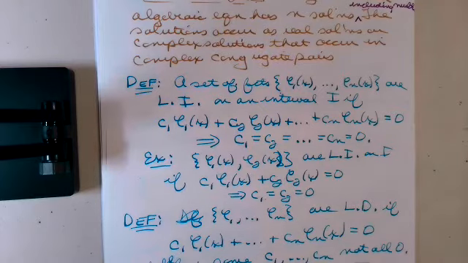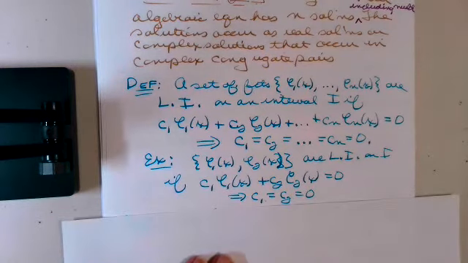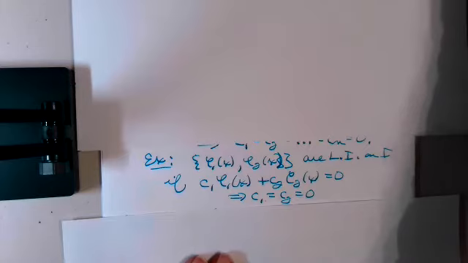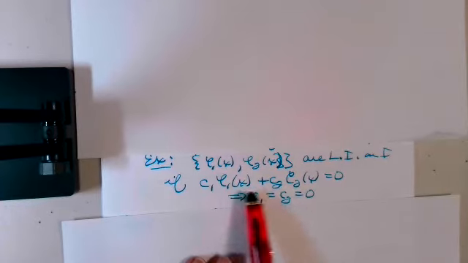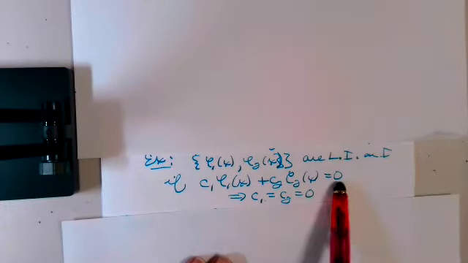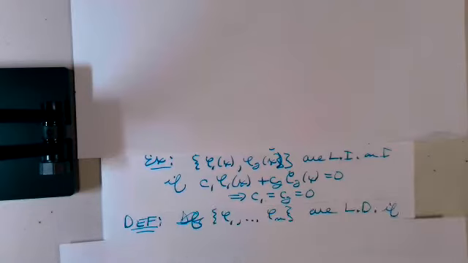Let me help you focus. Let's look at what happens in the case of 2 functions. What does it mean to say that 2 functions are linearly independent on an interval? By the definition I just gave, c1 phi1 plus c2 phi2 equals 0 implies c1 equals c2 equals 0. Is that what we had before? Let's think about it.